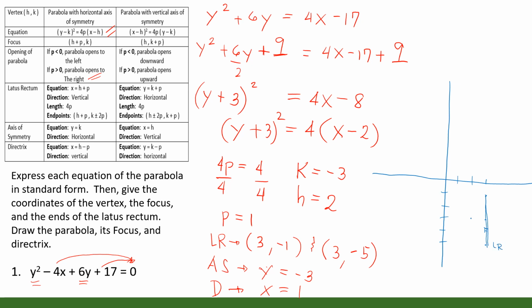And then from the vertex, draw tayo ng smooth curve. Okay. And the directrix, x equals 1. So this will be your directrix. Axis of symmetry, y equals negative 3. So this is our axis of symmetry. And this is our directrix. So this is our graph of this equation, y squared minus 4x plus 6y plus 17 equals 0.